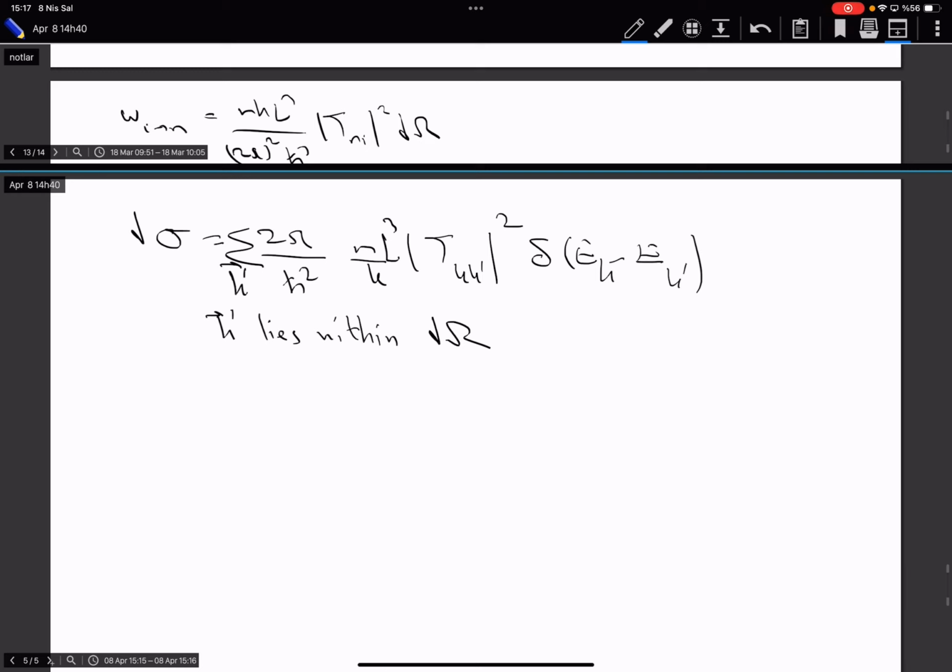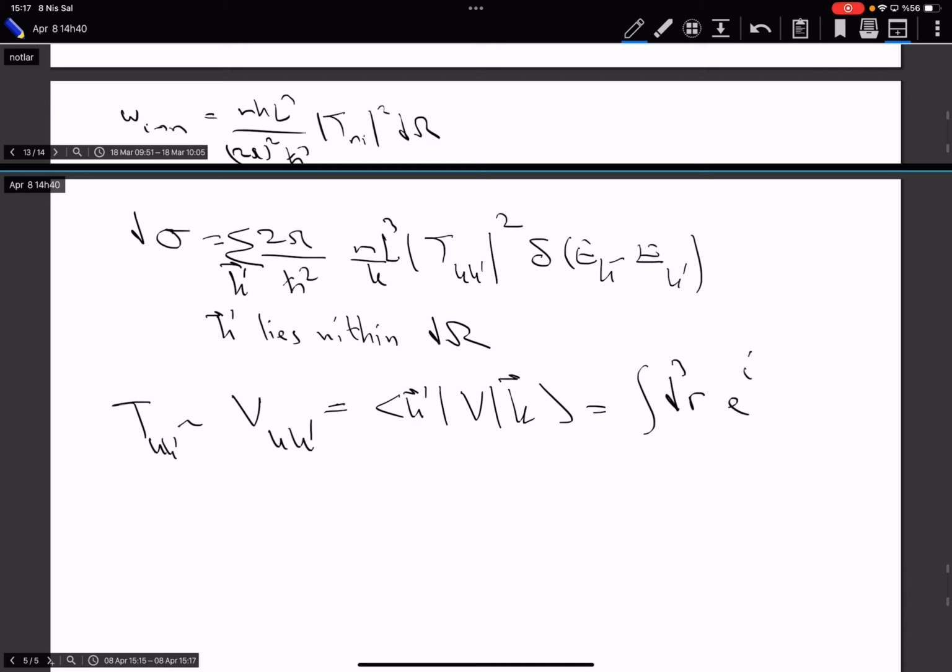In fact, L doesn't change the result, because keep in mind that T_k k prime, which will be V_k k prime at least in first order, is the matrix element of k prime V k, which will be the integral d cubed r e to the power i (k minus k prime) dot r over L cubed. This is the normalization, from the normalization of the waves.